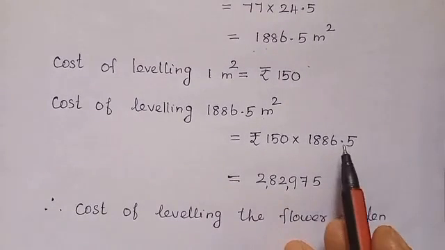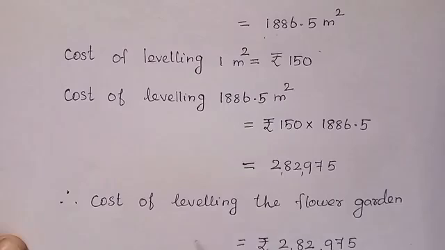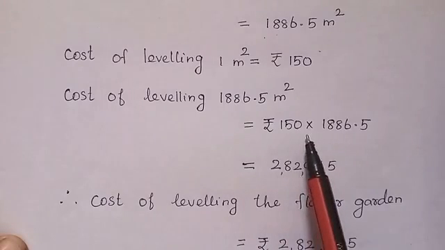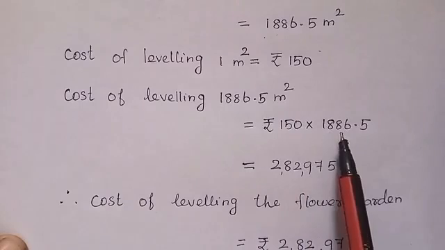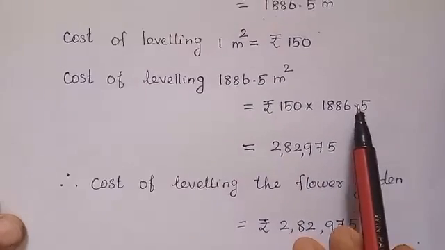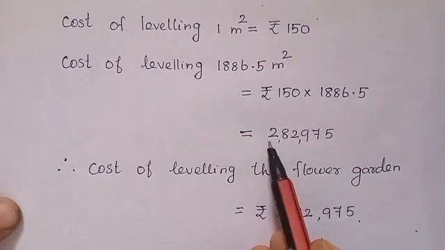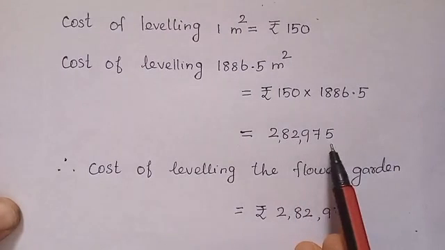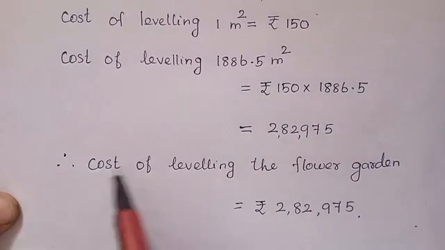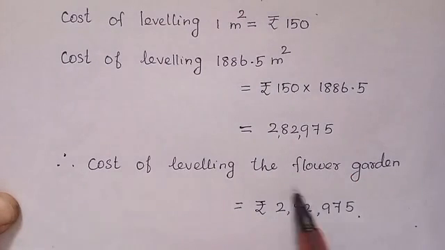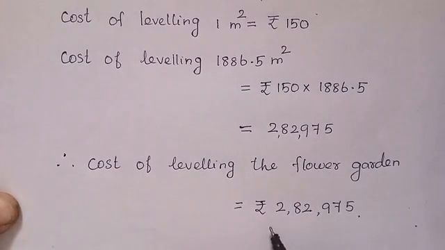For that, you just remove the decimal point and multiply 150 into 1886.5. We get the answer 2,82,975. Therefore, cost of leveling the flower garden equal to rupees, because cost of leveling, so here we have to mention the rupees symbol. Okay, rupees 2,82,975.